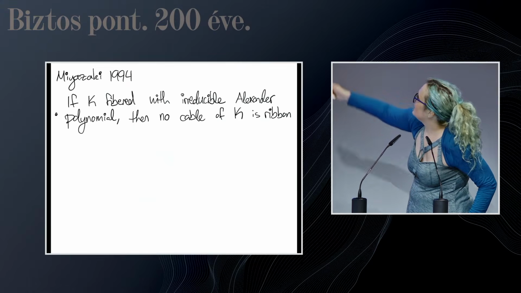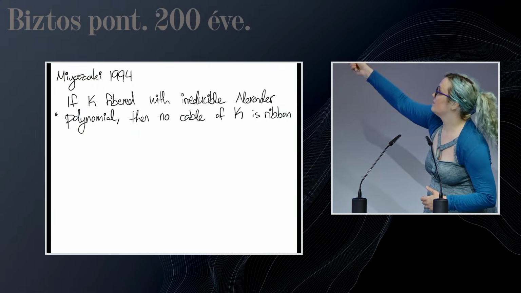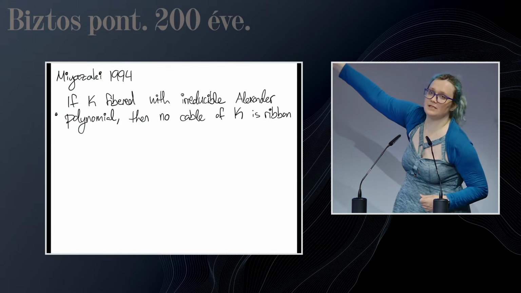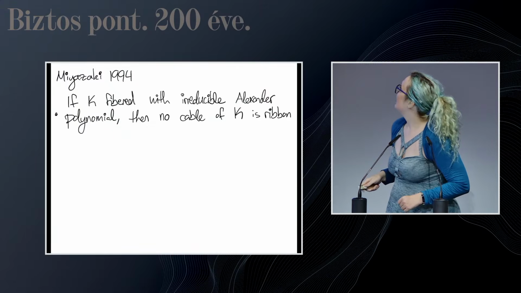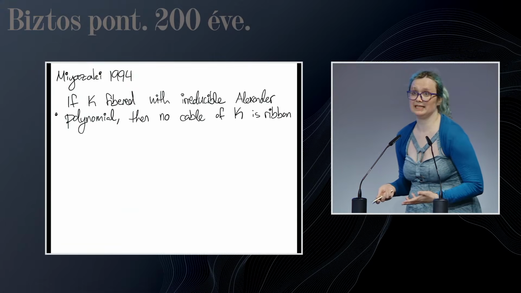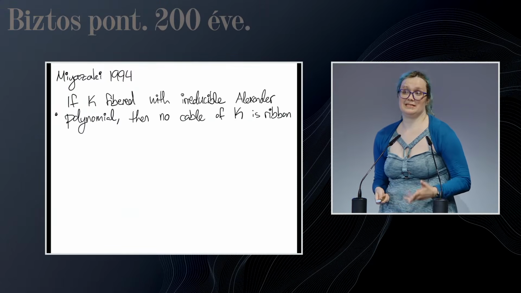One example in which we just know that this theorem applies is from work of Miyazaki, who I think was Cameron Gordon's postdoc, so this is about 10 years after the paper, and he was working on this at UT. He showed that that previous statement applies automatically to any cable of a fibered knot with irreducible Alexander polynomial.